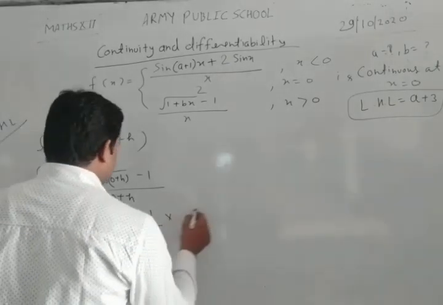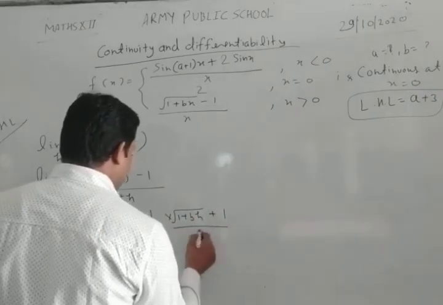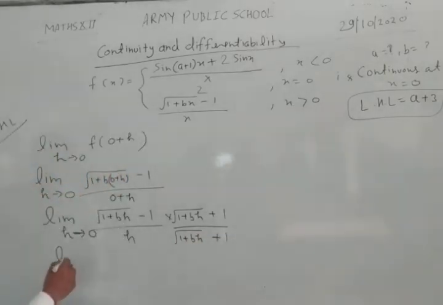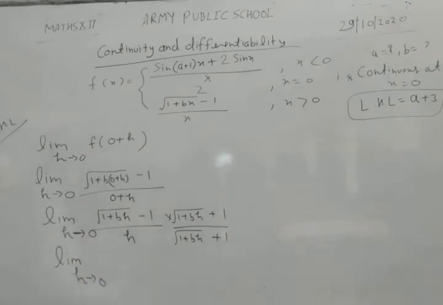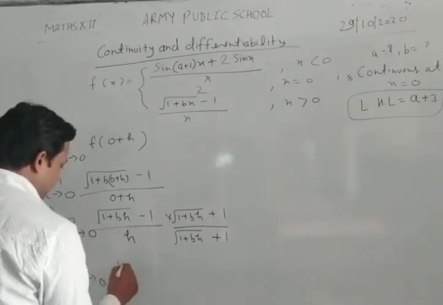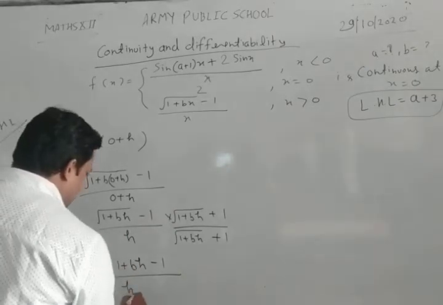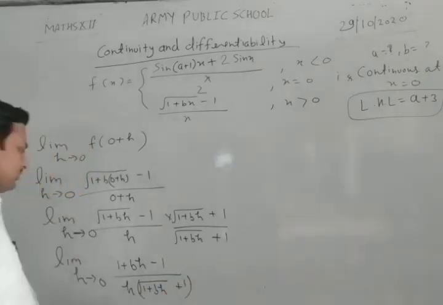So we get (1+bh) - 1 in the numerator, and in the denominator h(√(1+bh) + 1).